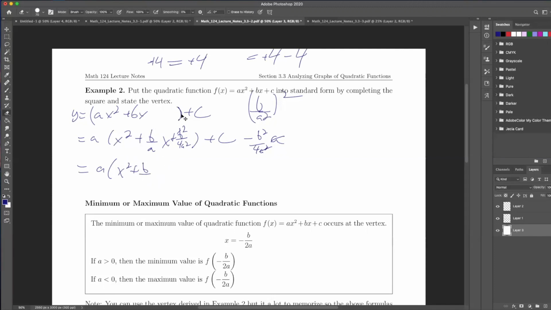No, let's just go back, because I was on the wrong layer. It's a times x plus b over 2a, squared, plus c minus b squared over 4a.